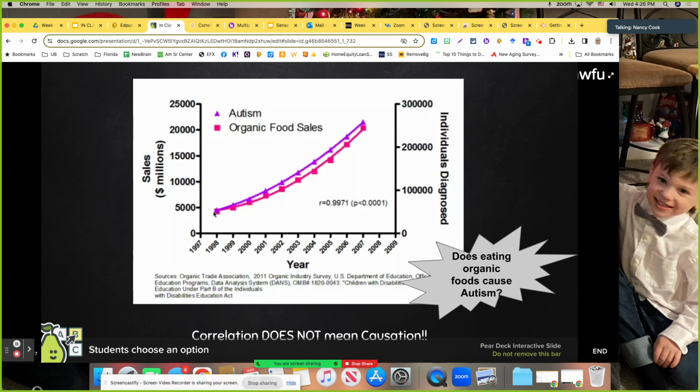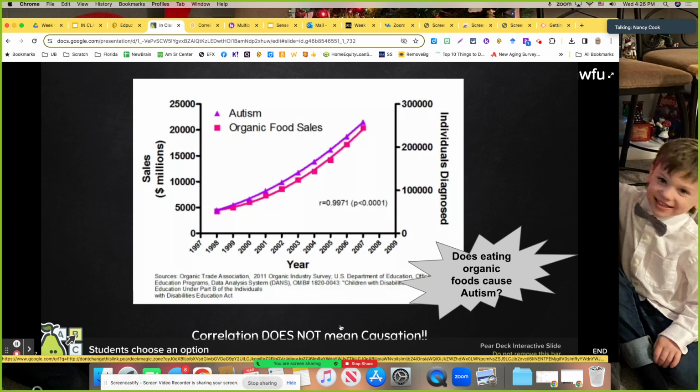So we look at autism, and then look at organic food sales. This is a strong correlation, 0.997. So do you think that means that autism and organic food sales are linked? Does eating organic food cause autism?